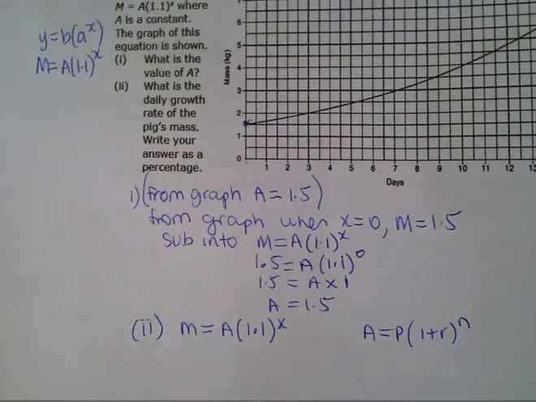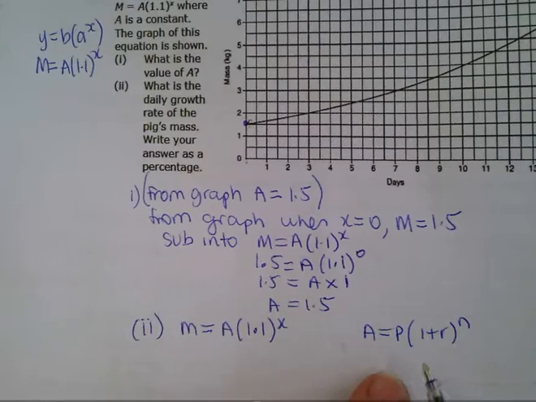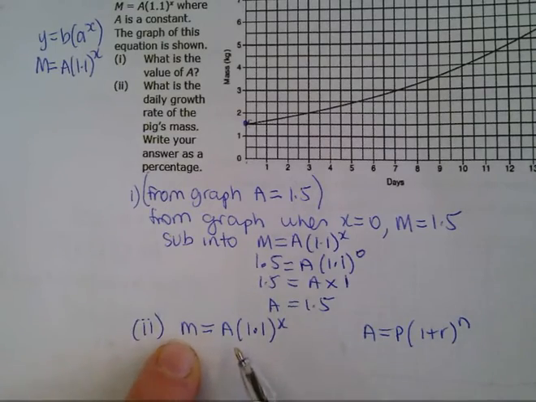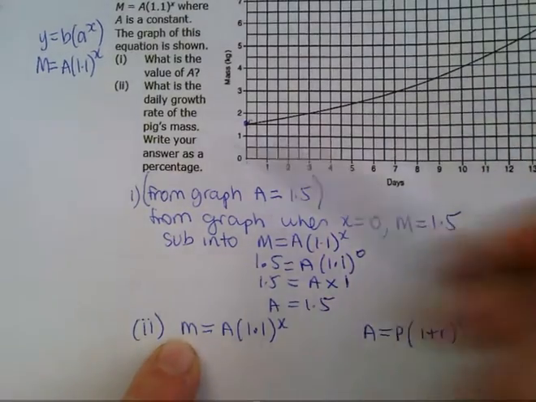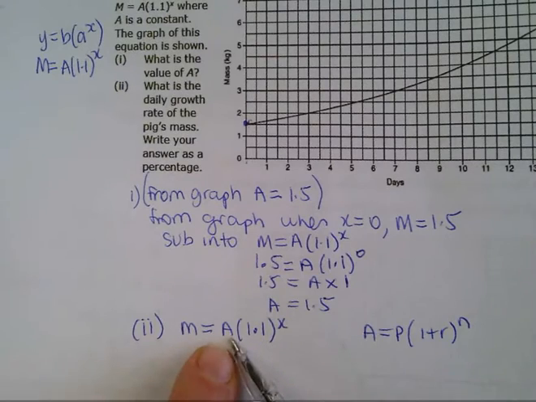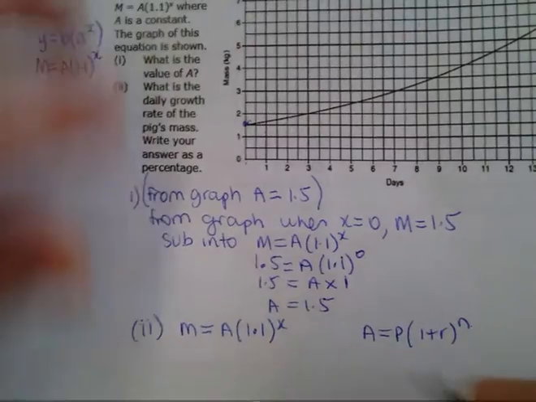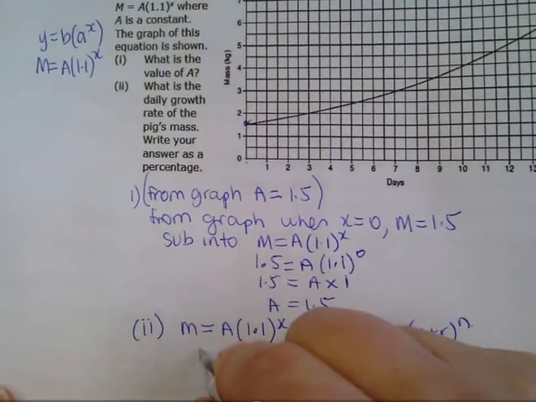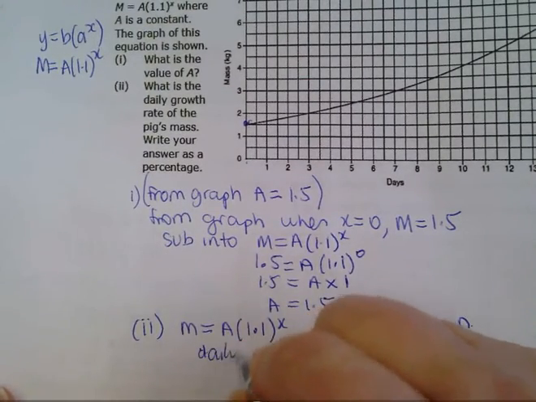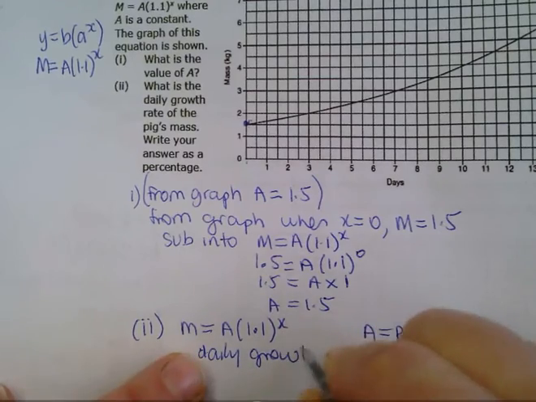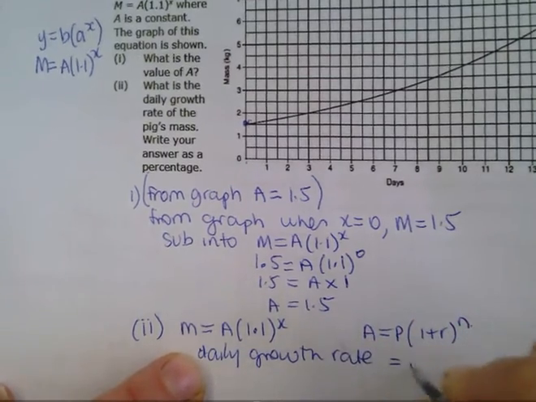Okay, now, as we said before, compound interest is an application of exponential growth. So when you see something written like this, A times 1.1 to the power of X, this 1.1 is 1 plus R, 1 plus this rate. And that X is the power of n. So from this and comparing, the daily growth rate is 0.1.